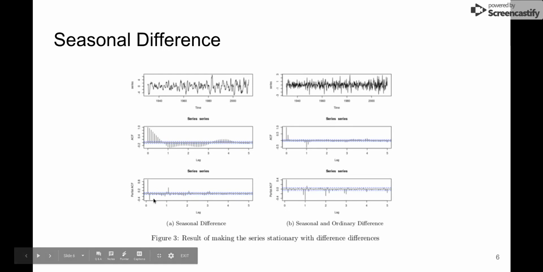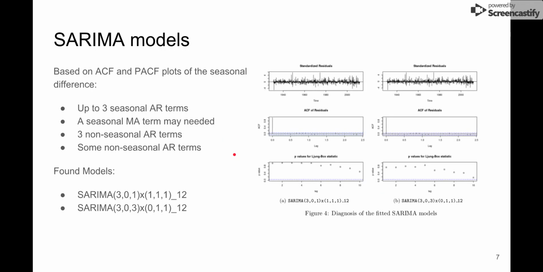And based on this, again, rather the same number of autoregressive and moving average terms exist for the non-seasonal part. But there are also up to a maximum of 3 seasonal autoregressive terms, based on this PACF, and there might be some seasonal moving averages as well.